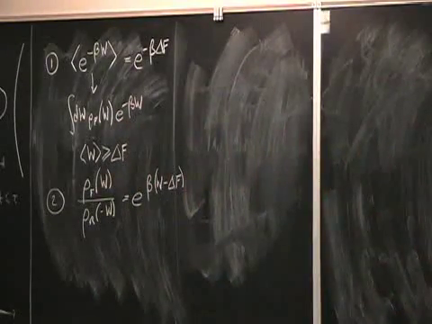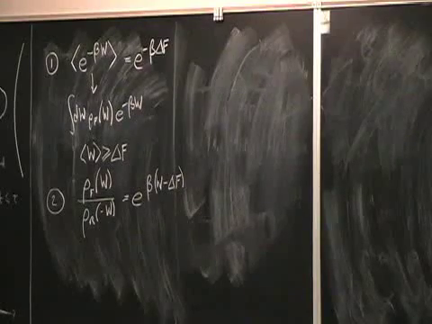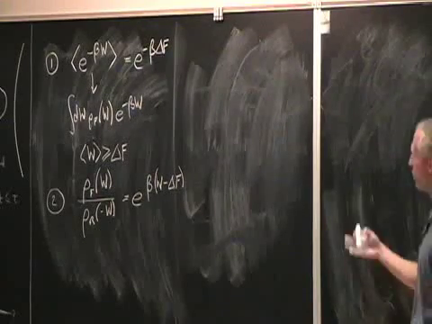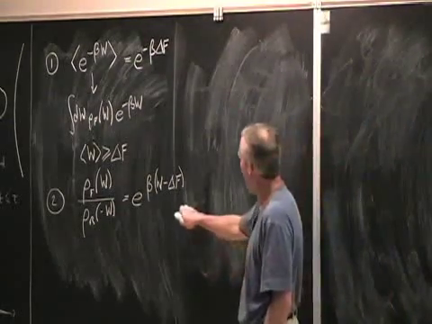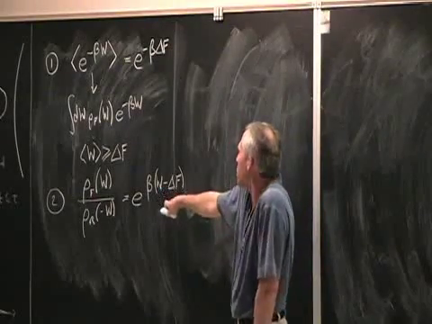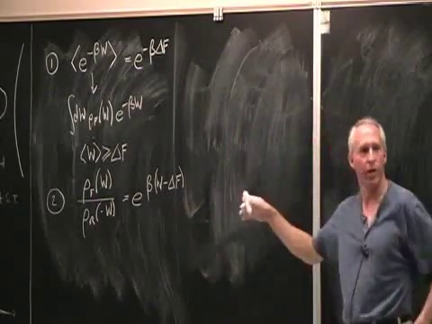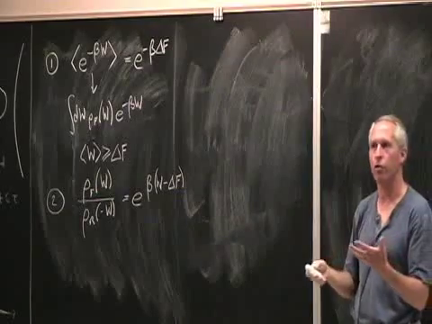This was derived by Gavin Crooks about 10 years ago when he was a graduate student. I think this is a very interesting, very unexpected symmetry relationship between the forward distribution and the reverse distribution.